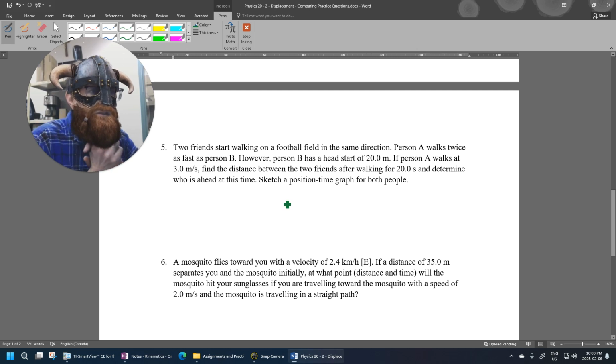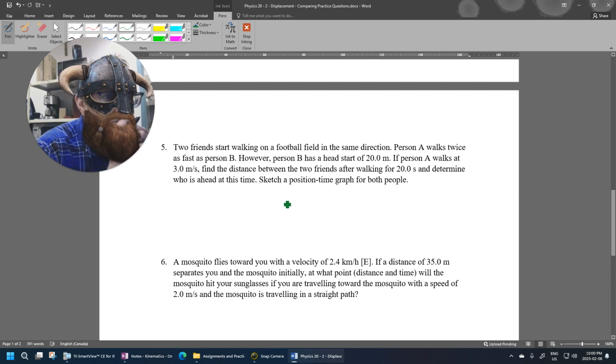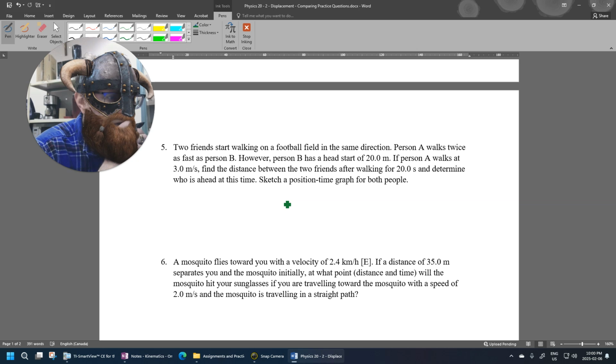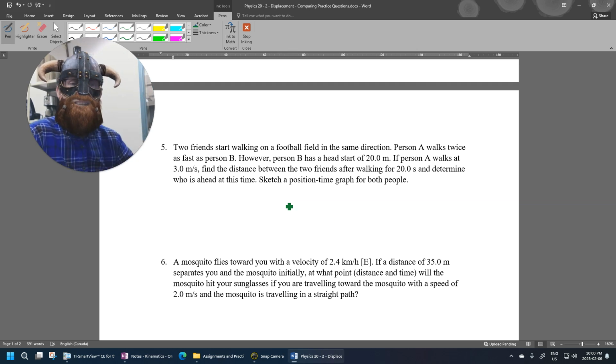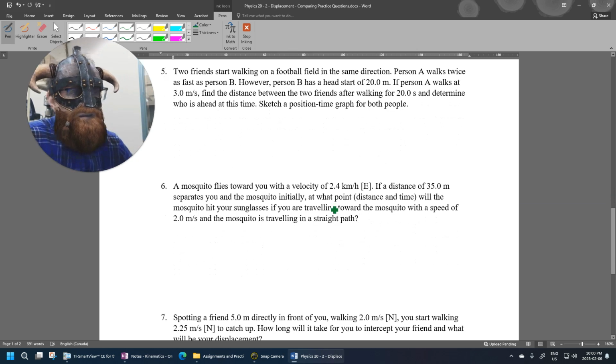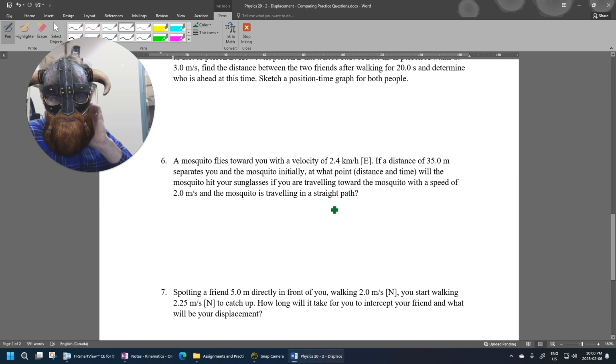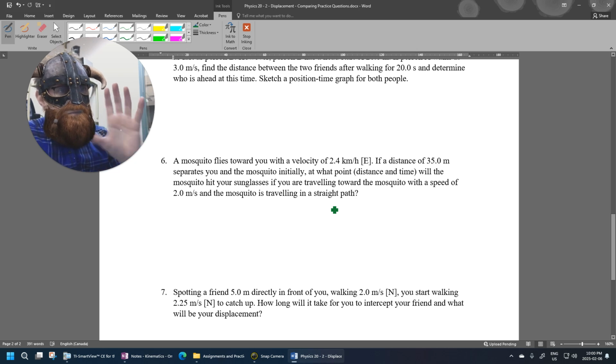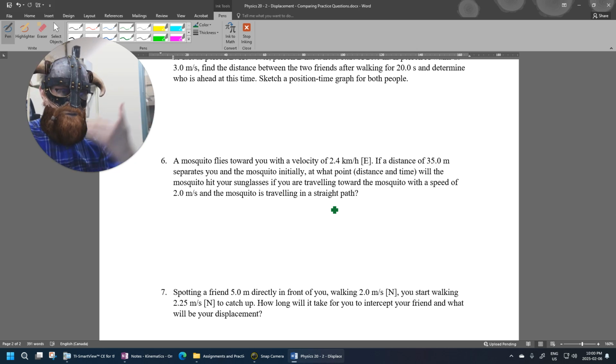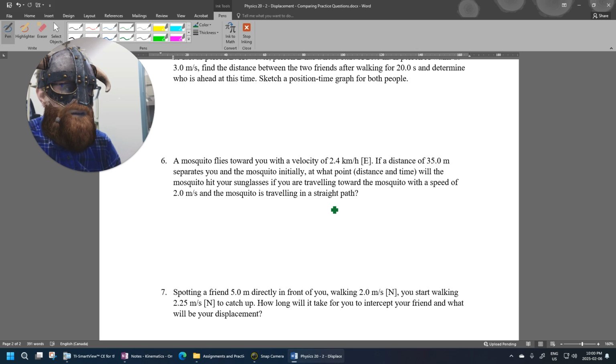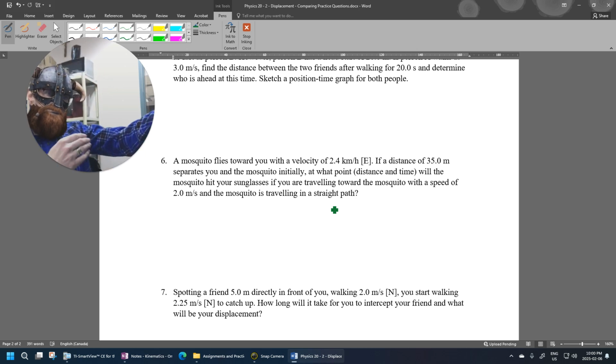Let's try another. I'm trying to find one where they're going opposite directions, so let's try number 6. In number 6, you have a mosquito that's flying towards you at 2.5 kilometers per hour. Right now, there's a distance of 35 meters between each other.